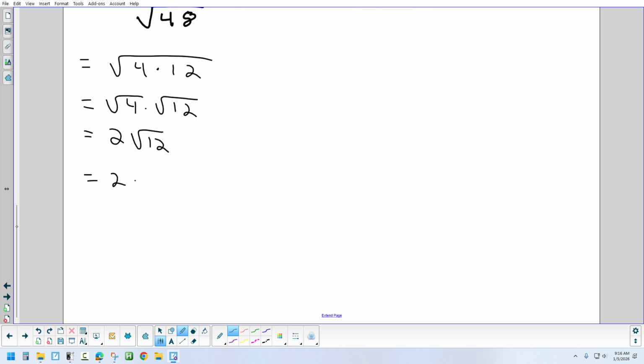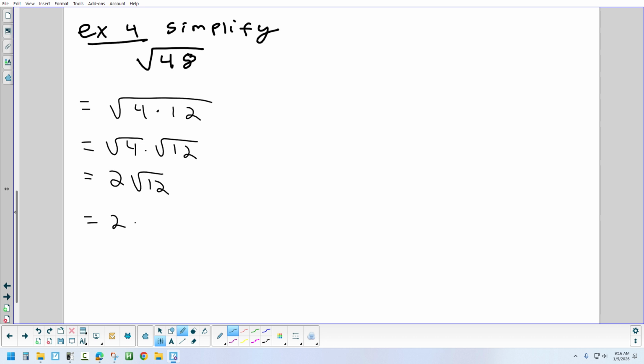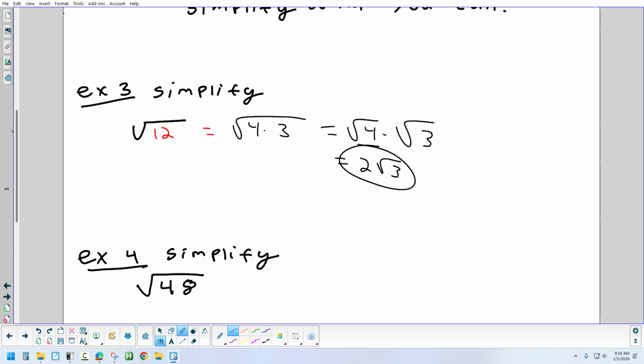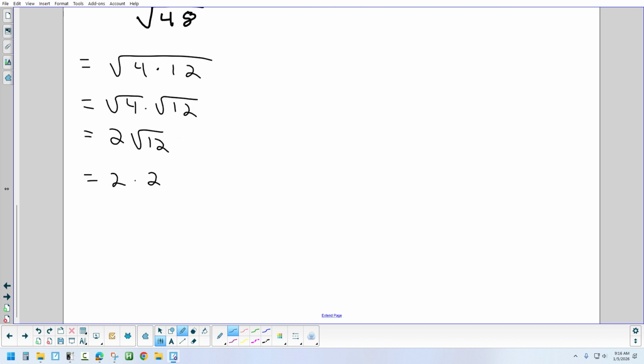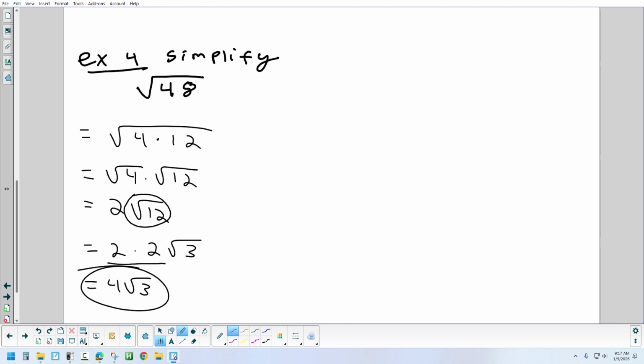And how did square root of 12 split up? 2 square root of 3. So now you have 2 times, and we just simplified that to 2 square roots of 3. You can combine 2 times 2 and get 4. That's the fully simplified version of square root 48.